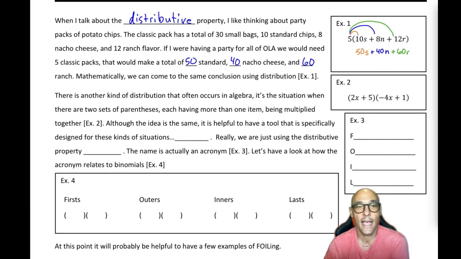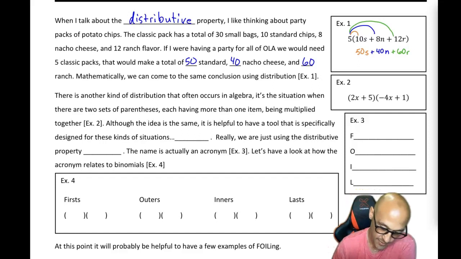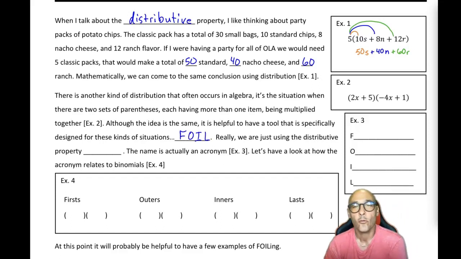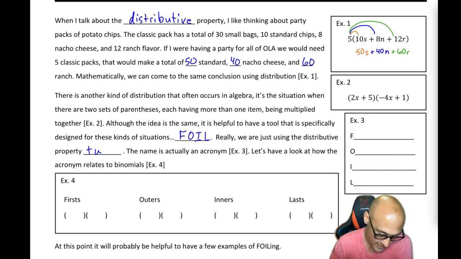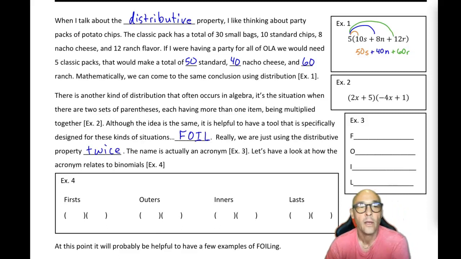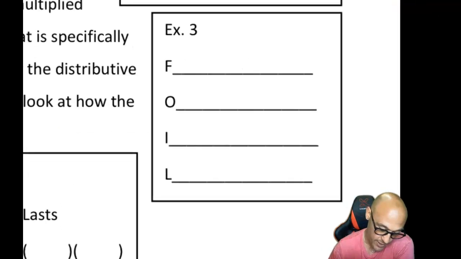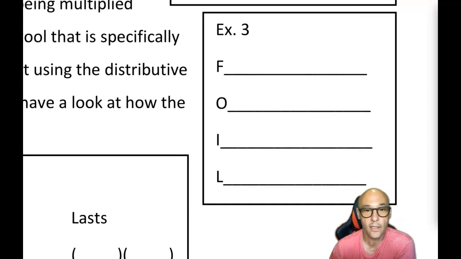Although the idea is the same, it is helpful to have a tool that is specifically designed for these kinds of situations. And that tool I call FOIL. Really, we are just using the distributive property twice. The name is actually an acronym, and we're going to look at example 3 here to figure out what that acronym is.